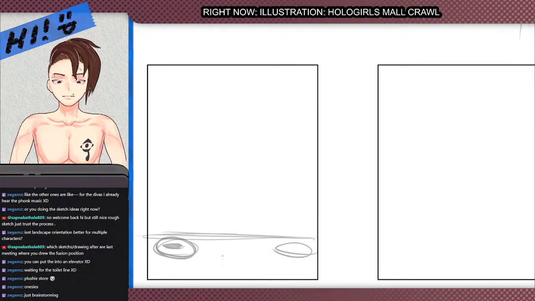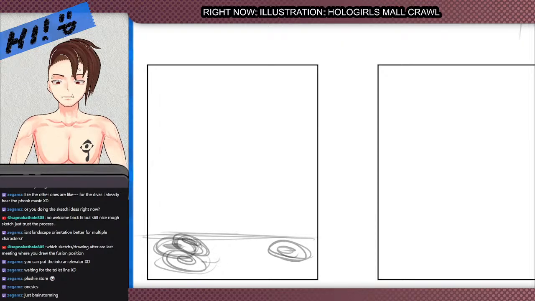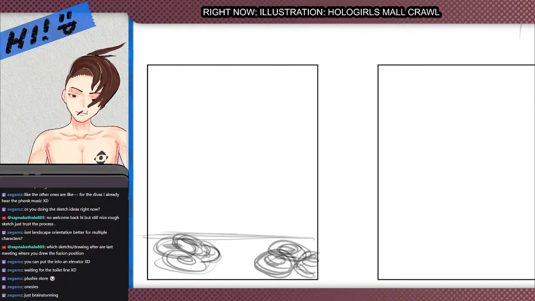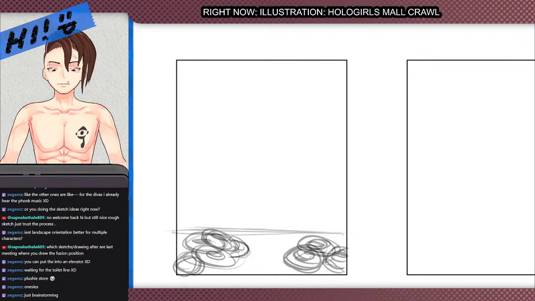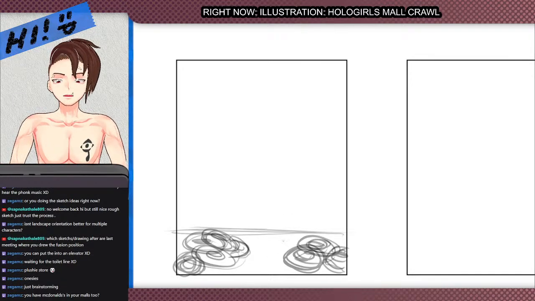I don't know, maybe donuts here. Maybe some swirl cinnamon, cinnamon bun swirlies or something. Just basically things. Maybe opera cake here.